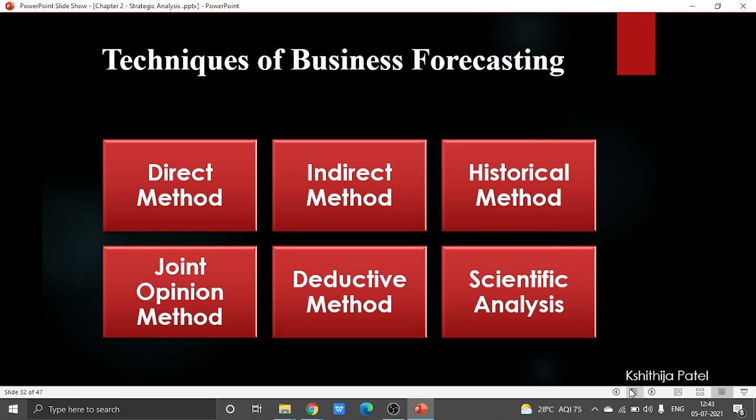Now this is yet another technique of business forecasting, where we have considered the opinion of different persons. Here we have the direct method, what we call the bottom up method.